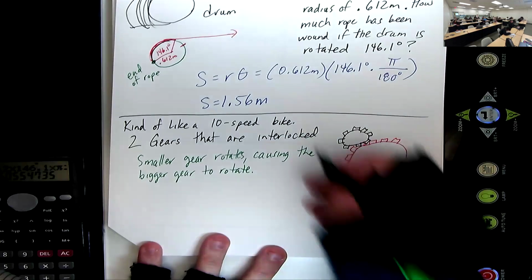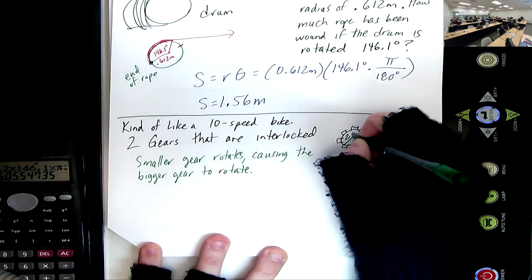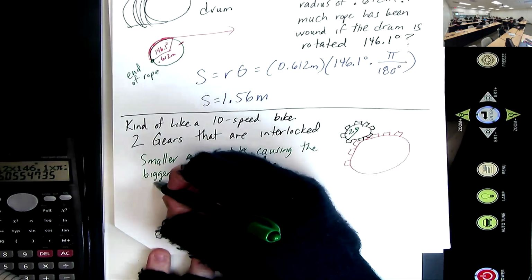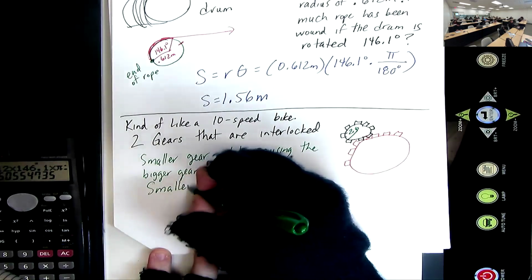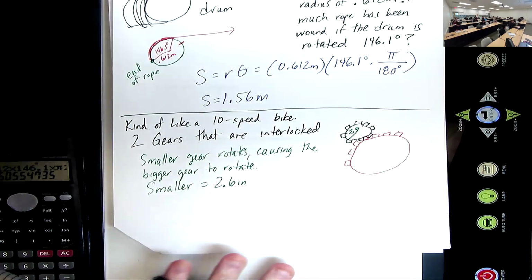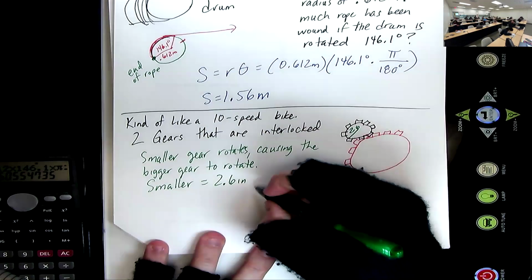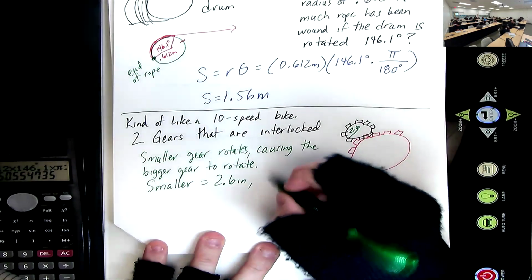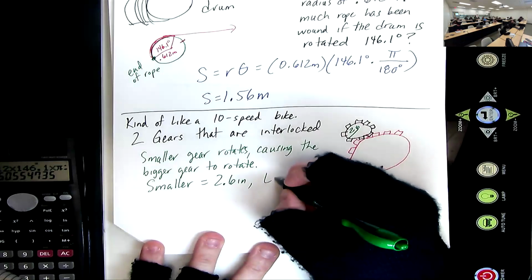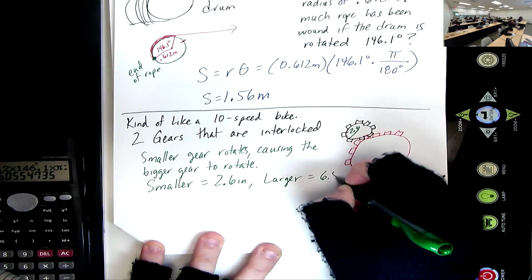Let's say this one is 2.6 inches, maybe right over here. Smaller is 2.6 inches, and larger is 6.5 inches.